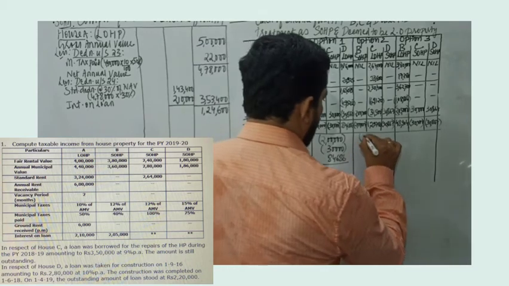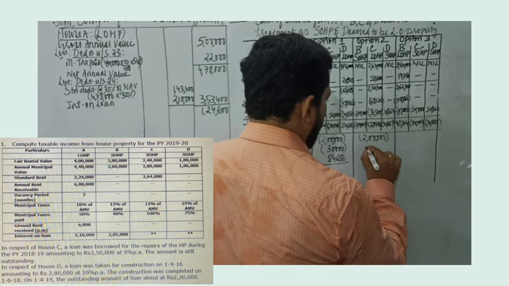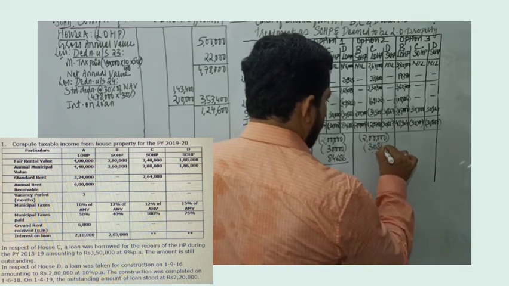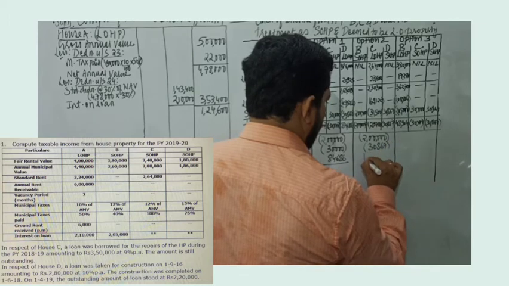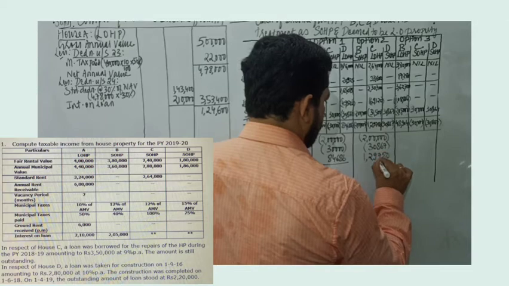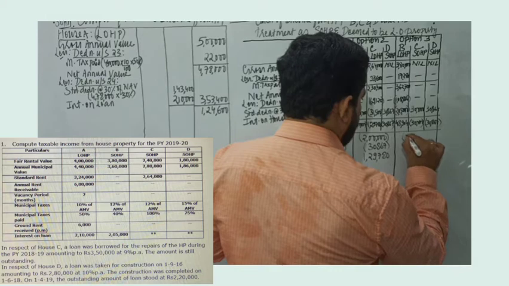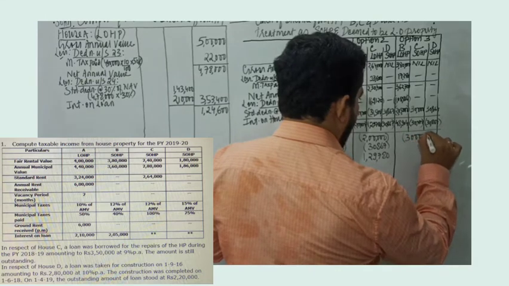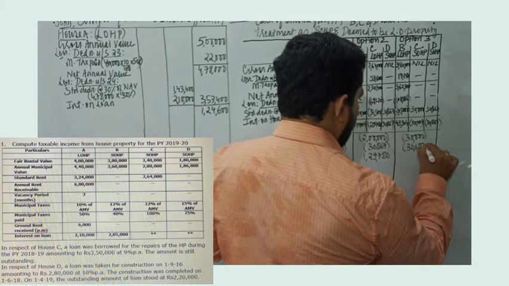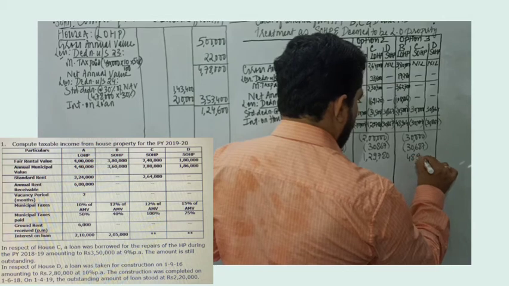Here we have minus 2 lakh, we have minus 30,867 and we have plus 1,29,780. Here we have minus 30,000, we have minus 30,687 and we have plus 48,904.